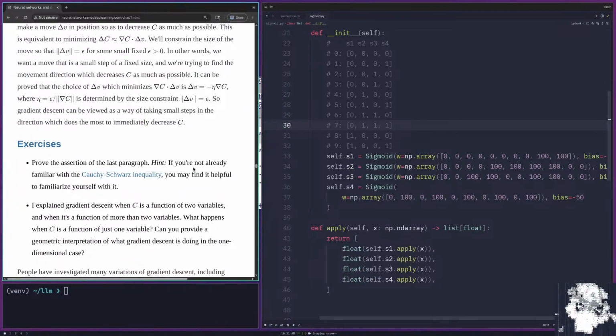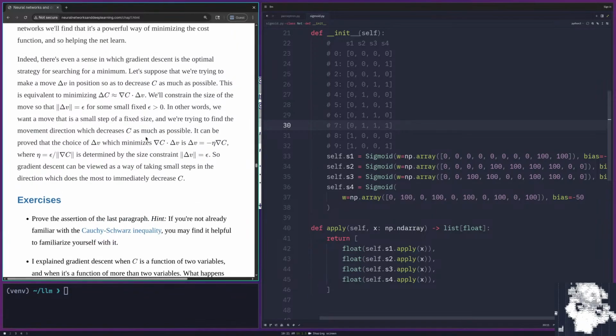Okay, we've got some exercises in the middle of the chapter, so let's go through these. Prove the assertion of the last paragraph. Hint, if you're not already familiar with the Cauchy-Schwarz inequality, you may find it helpful to familiarize yourself with it. Okay.